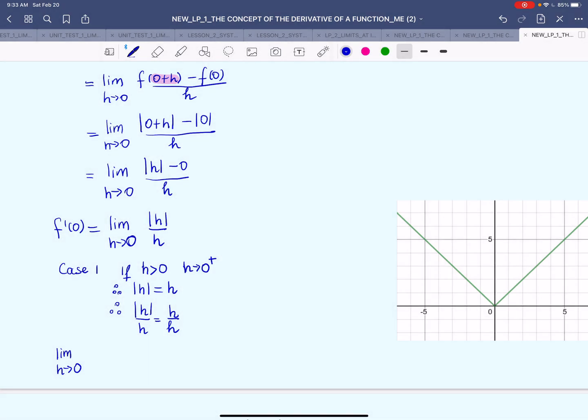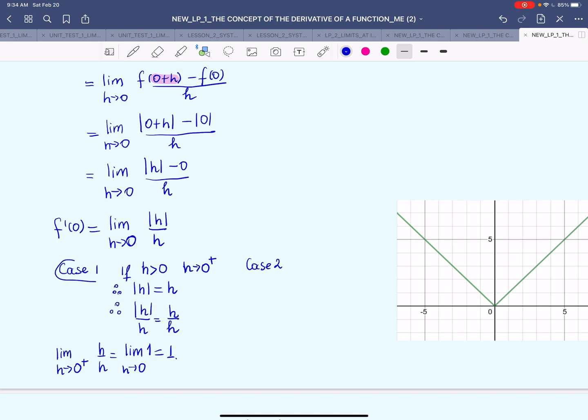So when we approach 0 from the right-hand side, the absolute value of h will be the absolute value of a positive, so it will equal that positive number. So we're going to have h over h, which is the limit as h approaches 0 of 1. So that's the limit of a constant. It will equal 1. Now, case 2.